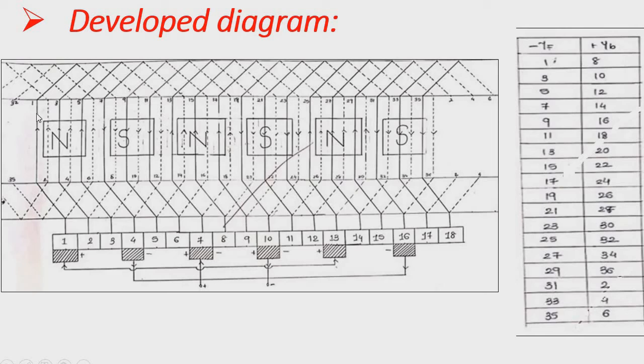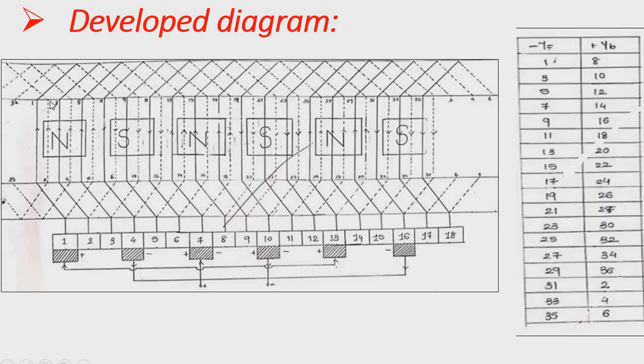First of all we have to draw 18 front conductors like this: 1, 3, 5, 7, 9, 11, 13, etc. till the last, 35, and each is denoted by a straight line, and its number is written on top of it.